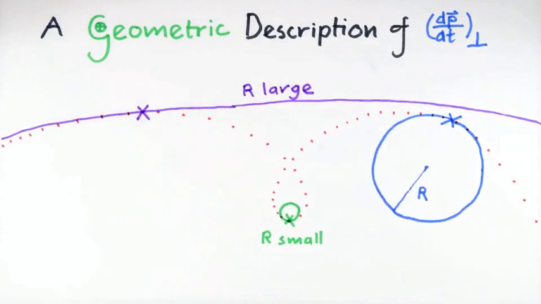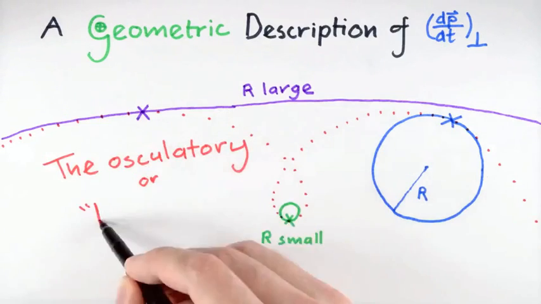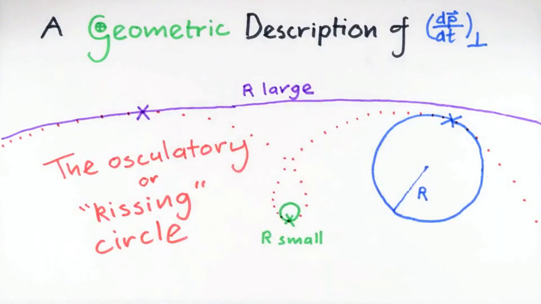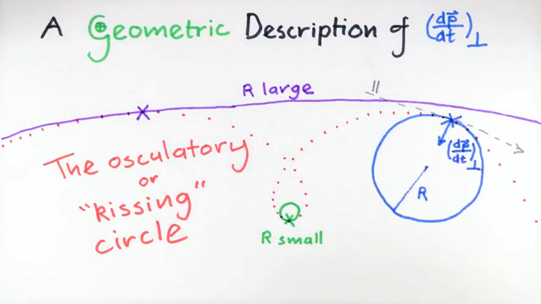This circle is scarily known as the osculatory circle, or as the textbook calls it in more familiar English, the kissing circle, because the circle smoothly kisses the trajectory. With this circle in mind, we can discuss more concretely the meaning of dp dt perpendicular.